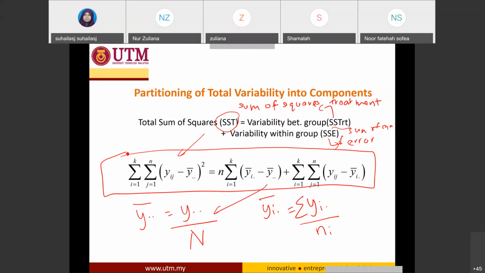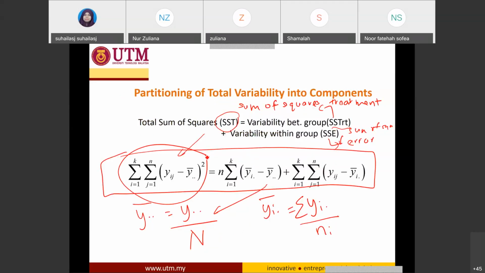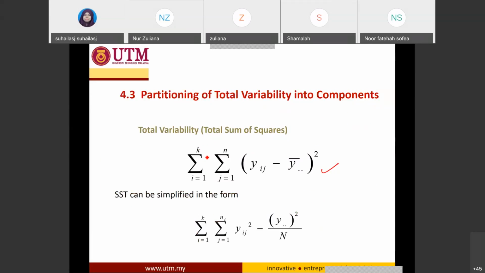Okay, now. So bila kita dah split, bila kita dah simplify, okay, general formula tadi ni sum of square, kamu tengok kat sini. Okay, saya tulis balik je. So Yij minus Y bar dot dot squared kan. So kalau kita expandkan dia punya quadratic form, simplifykan, you will get this one.